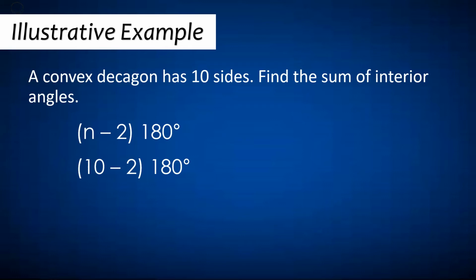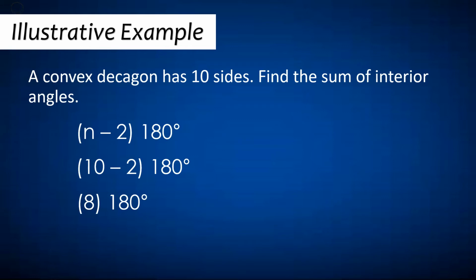And because si 10 minus 2 ay enclosed sa parentheses, meaning siya yung una nating isosolve. We have to subtract first before we multiply. Dahil may parenthesis siya. So 10 minus 2 is equal to 8 times 180. Si 180, binring down lang natin dahil hindi pa naman natin siya nagagamit for computation.